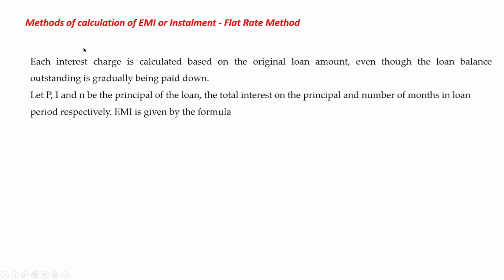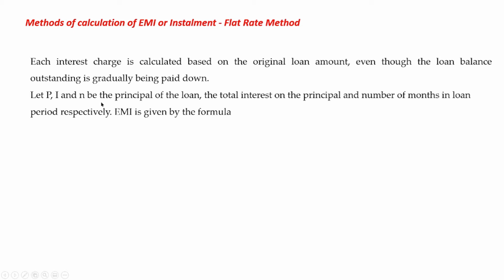Next we have methods of calculation of EMI. The first one is the flat rate method. Here each interest charge is calculated based on the original loan amount. Even though the loan balance is gradually being paid down, the interest is calculated based on the original loan amount.